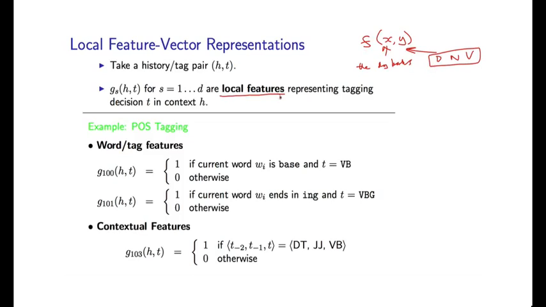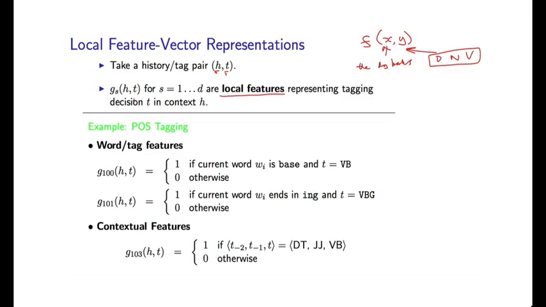Now I'm going to define local features which just look at a history-tag pair. They look at a very small window: a sequence of 3 consecutive tags, because a history contains 2 previous tags, and then we look at this third tag. I'll use the notation little g for these local features. So g sub s is a function that takes a history-tag pair as input and returns some value as its output.